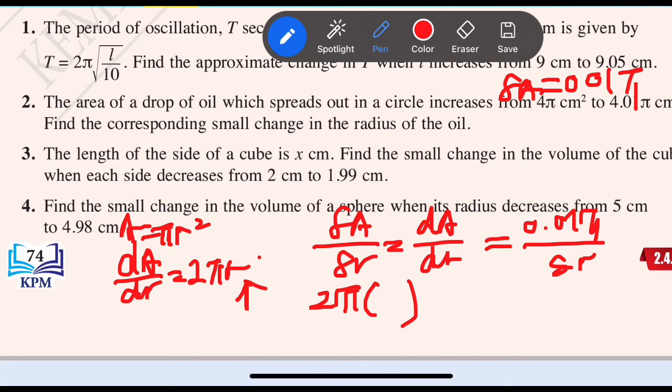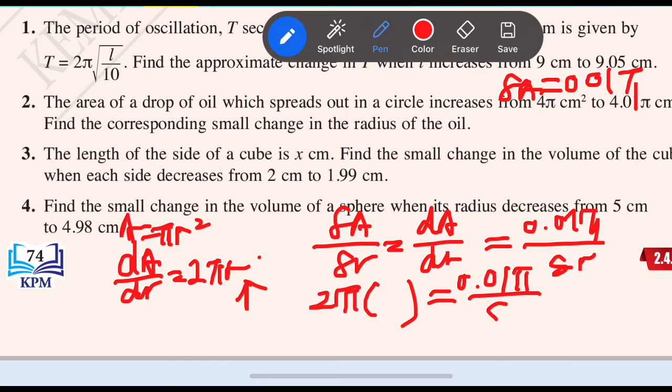So it's actually quite simple for this question. It's just that you need to cross multiply carefully so that you can get the answer perfectly. So then we will try to solve it and get the answer for delta R.